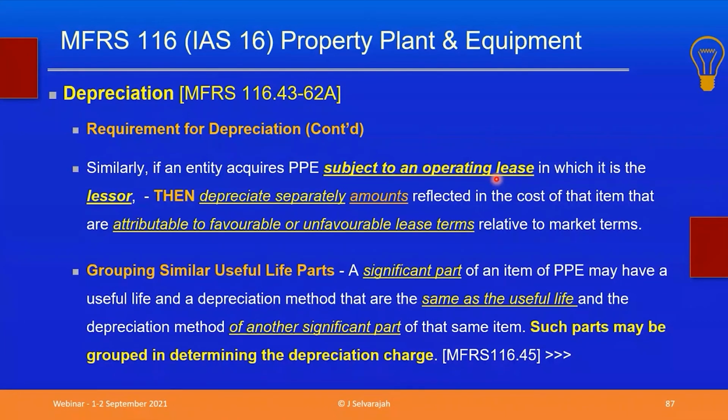This is in the books of a lessor. Now you think MFRS 16, Leases, or IFRS 16. If you have a property in your books as a PPE, as a lessor, and people come to you and say, I want to rent your tractor, or I want to rent your backhoe, for example.